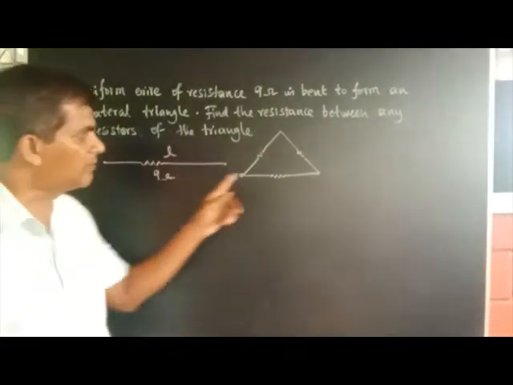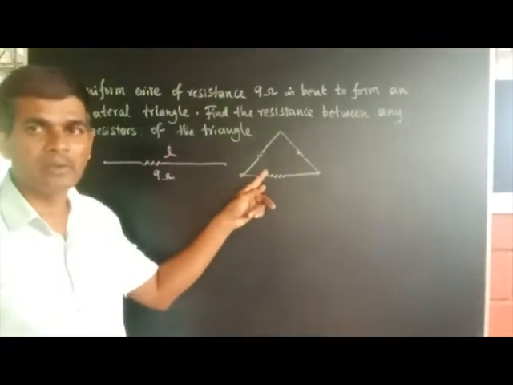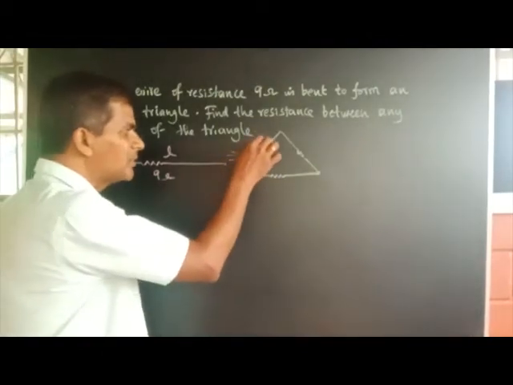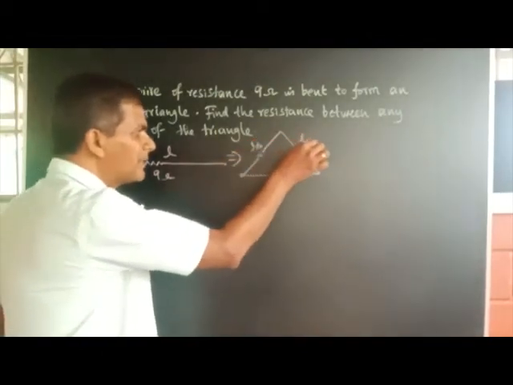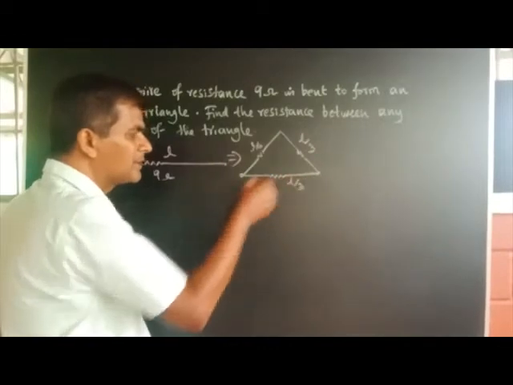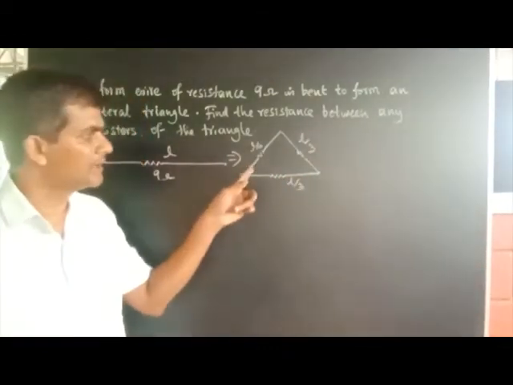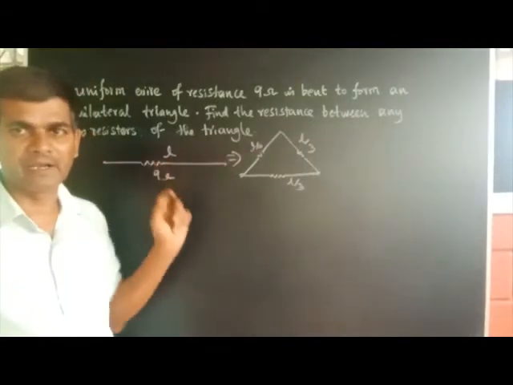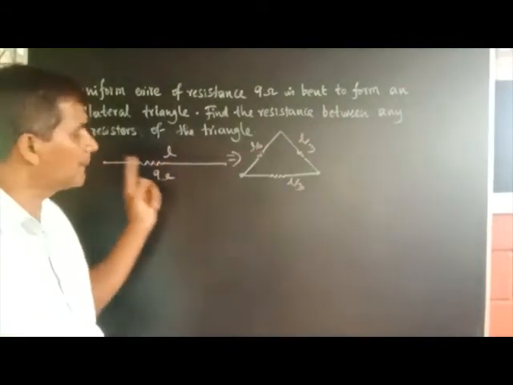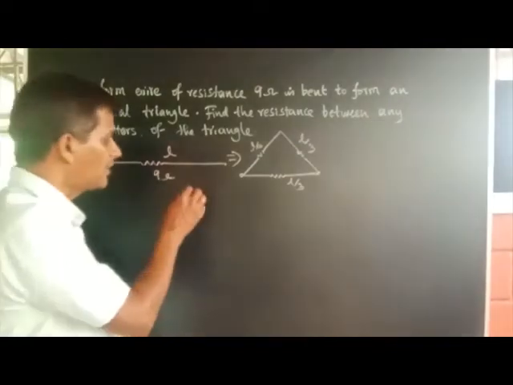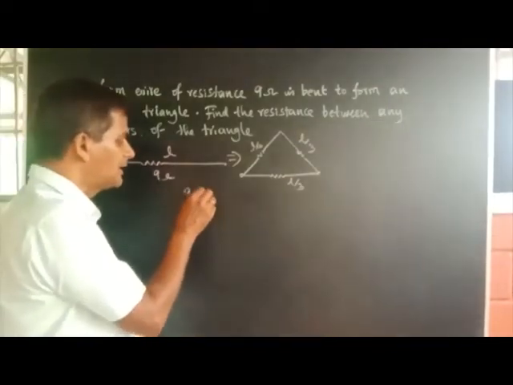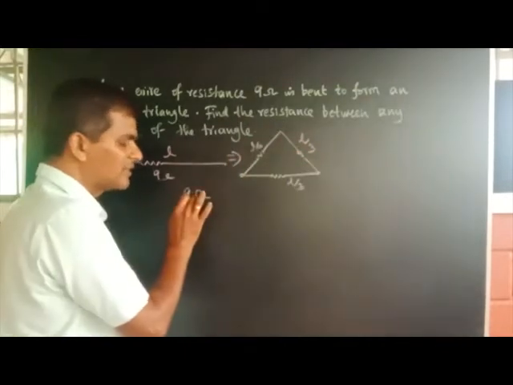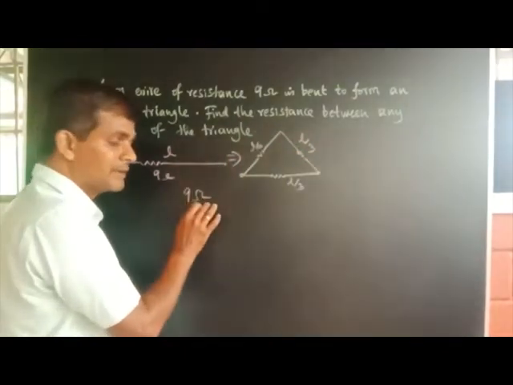It is bent in the form of an equilateral triangle of equal sides, so the length of each side is going to be L by 3, L by 3 and L by 3. Earlier, the entire wire of length L had a resistance of 9 ohm.